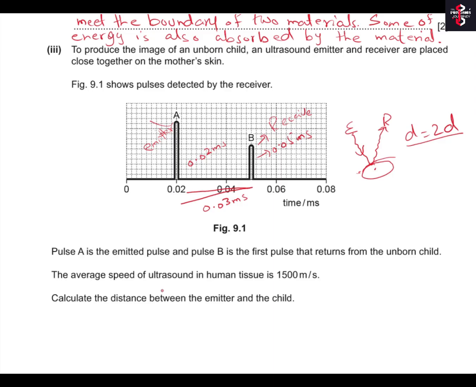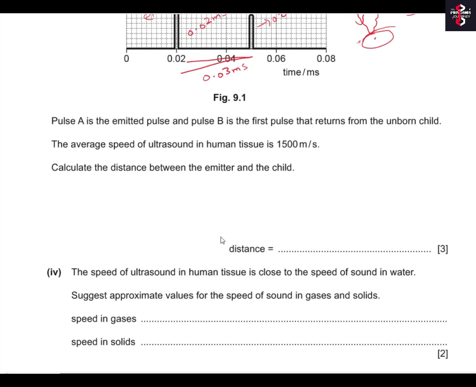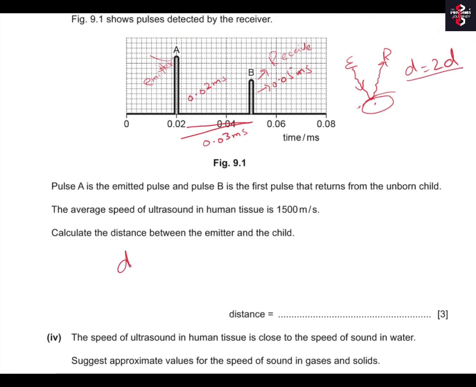So how will we calculate it? Here distance equals v times t. The distance is 2d, so 2d equals 1500 multiplied by 0.03. d equals 1500 multiplied by 0.03 divided by 2.